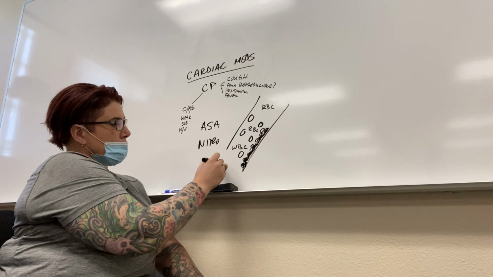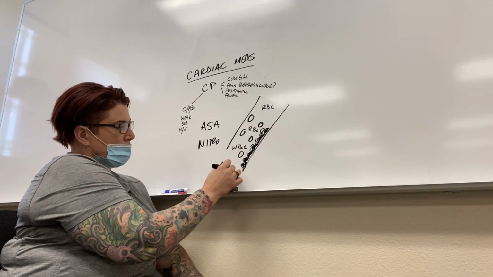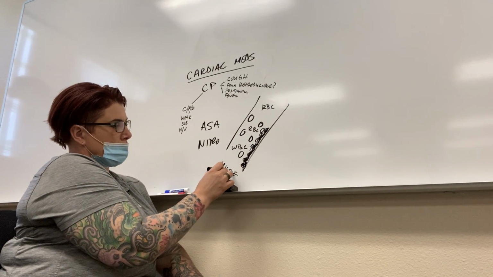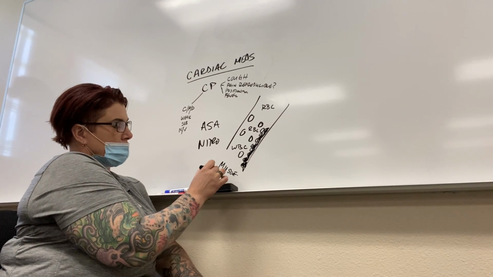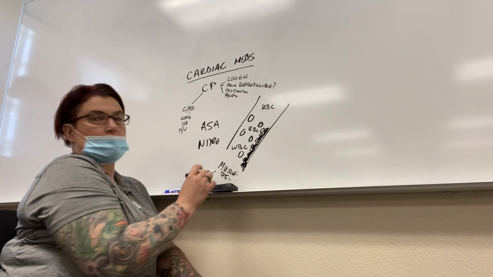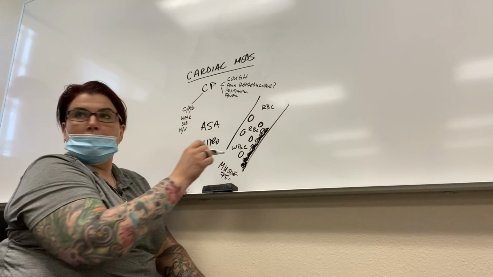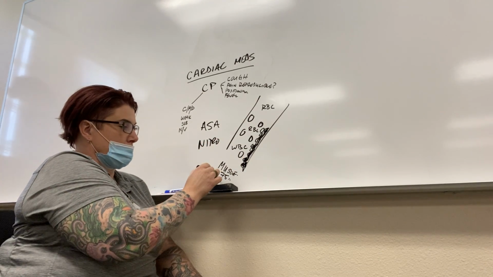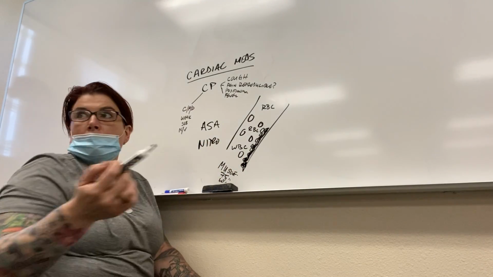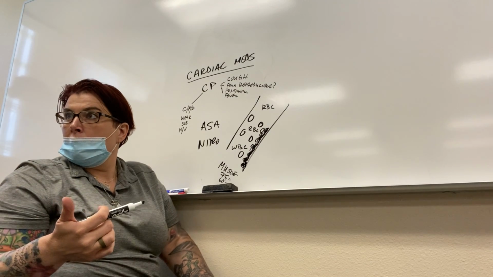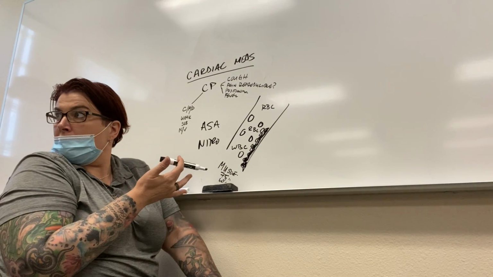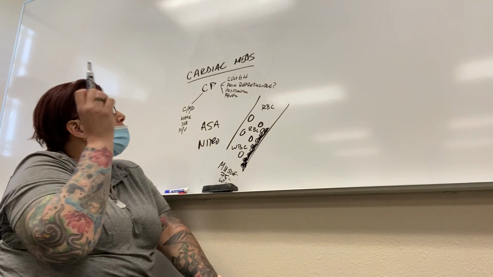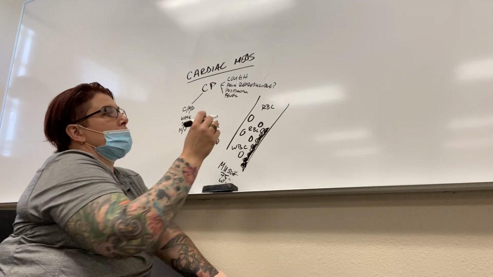Because this muscle over here is used to, we'll say, 75% oxygen, right? But now because the diameter is smaller, it's only at 60% oxygen. So now you have ischemia, right? Now it's starving for oxygen. So you give the aspirin because it's a platelet inhibitor.